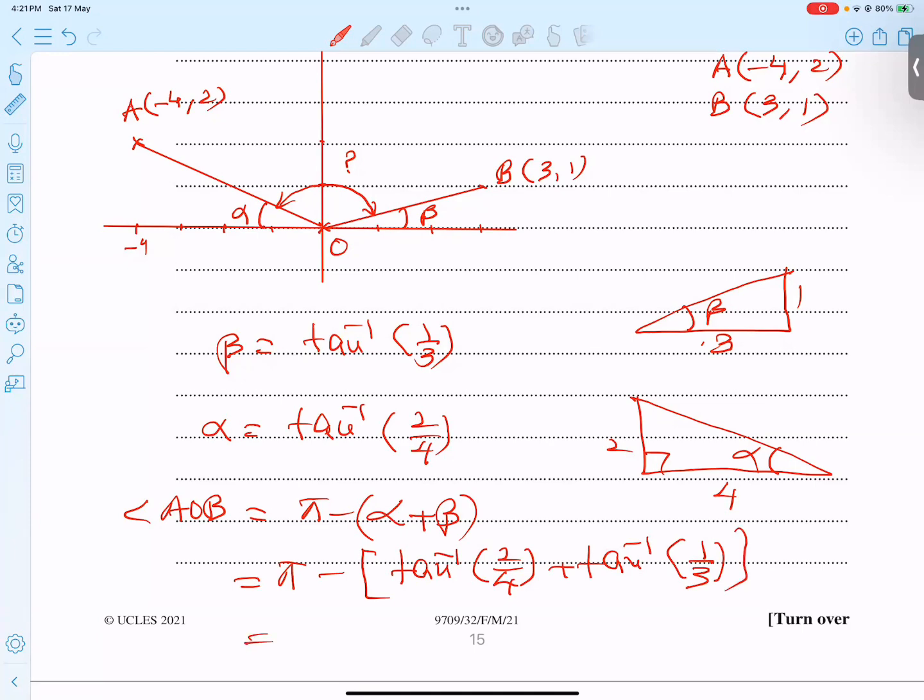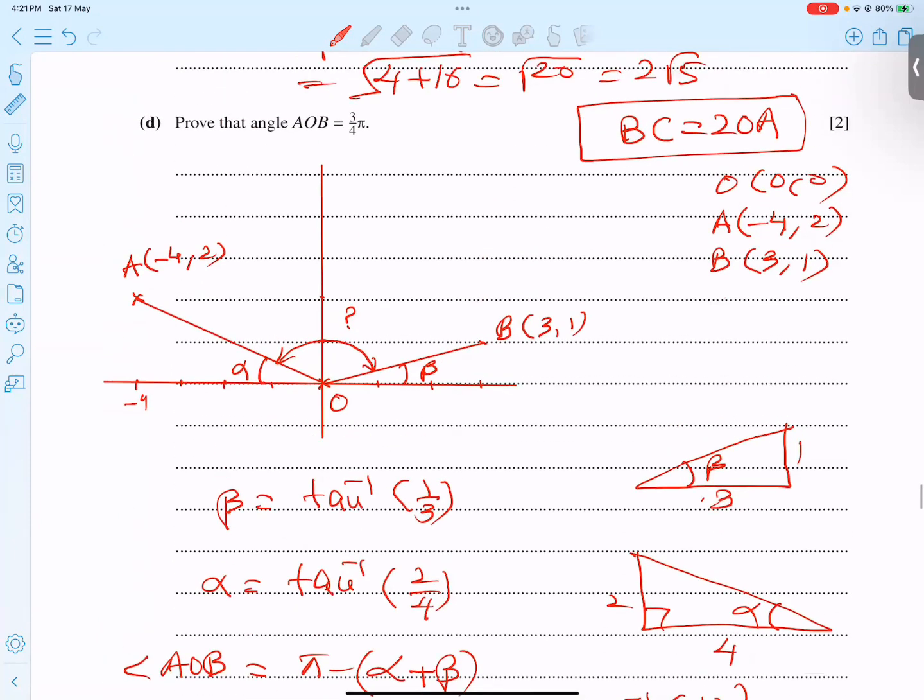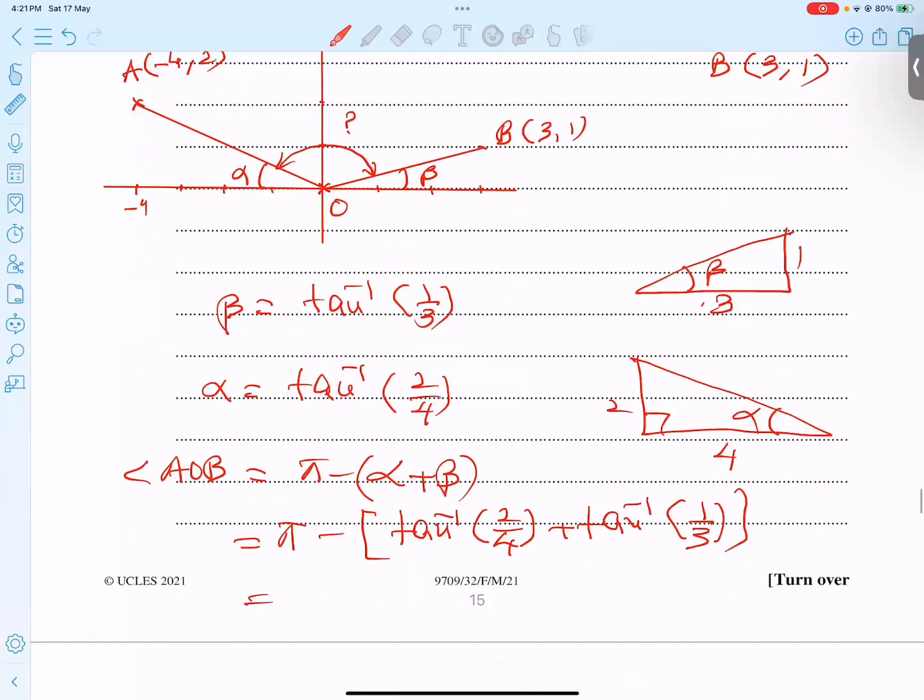Let me check it in the calculator, making sure it is in radian mode. I type pi minus tan inverse of half minus tan inverse of 1 over 3, and my answer is coming 3 pi by 4, sharp.